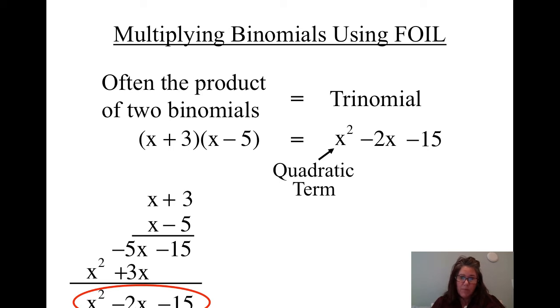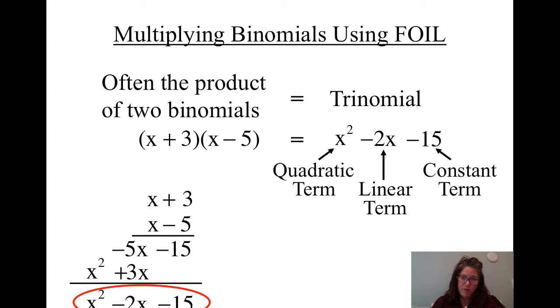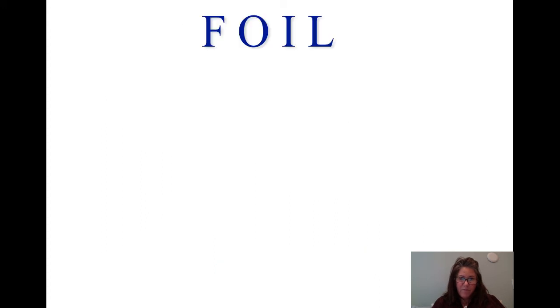The middle term is the linear term. There's no exponent on that x. And the last term, we call the constant term. There is a variable there, but it's to the 0 power, so it's really times 1, so we don't write it. All right, let's learn how to FOIL.